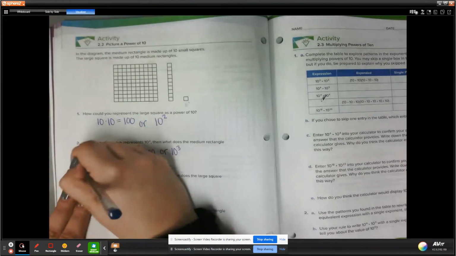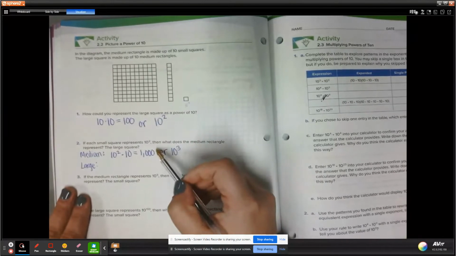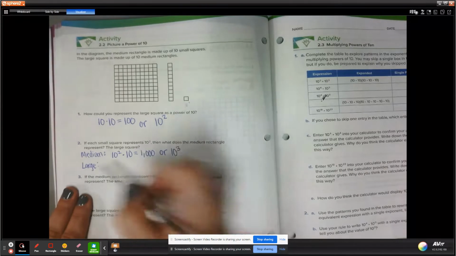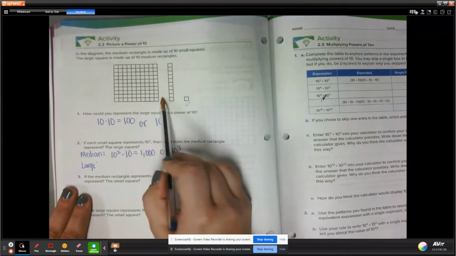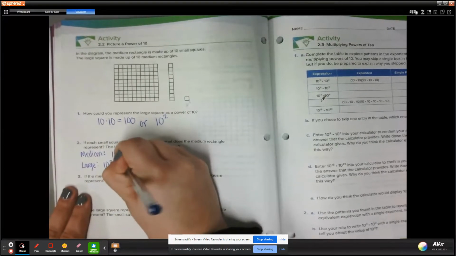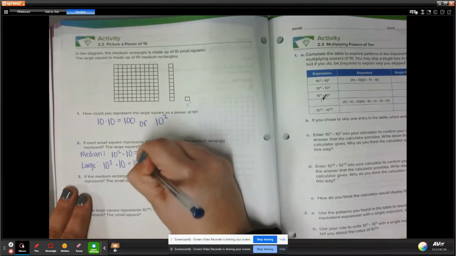What about the large square? Well, the large square is 10 times more than the medium. So if the medium is 10 cubed, it's 10 times larger. So then that would be 10,000.